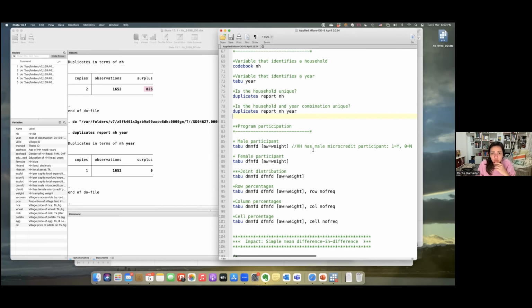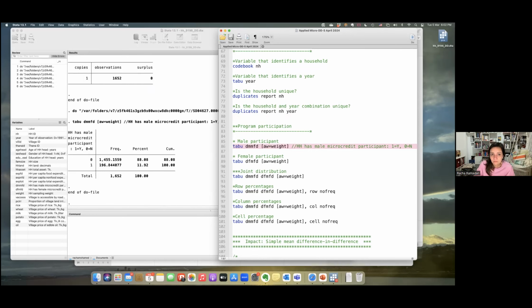As I mentioned, we have male microcredit programs and female microcredit programs. So we want to know how many households are benefiting from this program over the years, and how many female households are benefiting from the female program. So here I will do it.